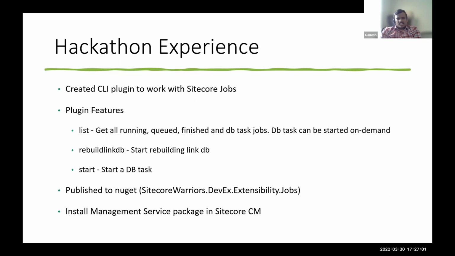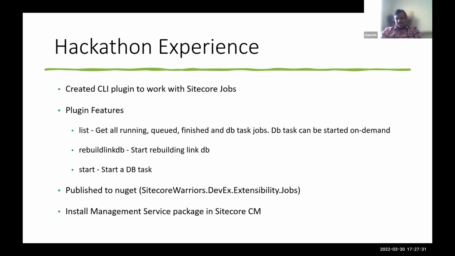There is one more command, the start command, where you pass the DB task name. If you find the DB task name in the list and pass that name in the start command, it will start that task in the CLI itself. Our plugin is available in the NuGet repo with the name Sitecore warriors.devx.extensibility.jobs.